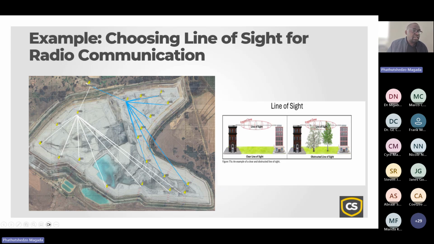So this means that now the line of sight is no longer the same as it was. This is a very important aspect when you are designing a radio communication system. You need to consider that the line of sight changes over time. The vegetation started growing, and then it caused obstruction to the radio communication system.